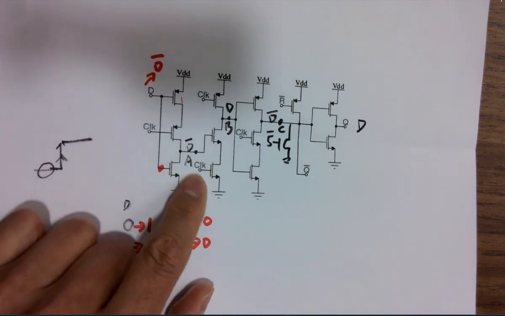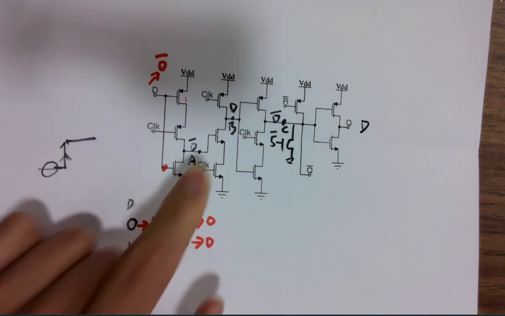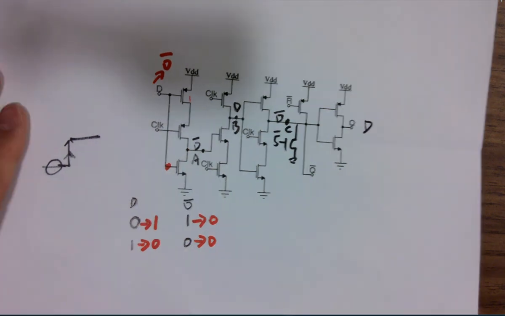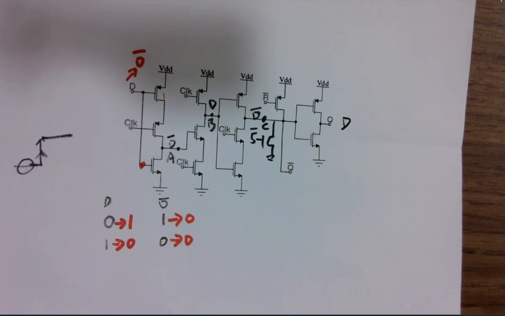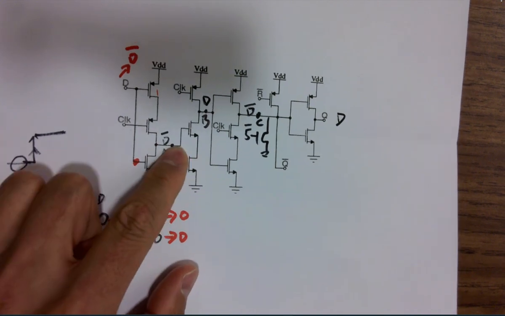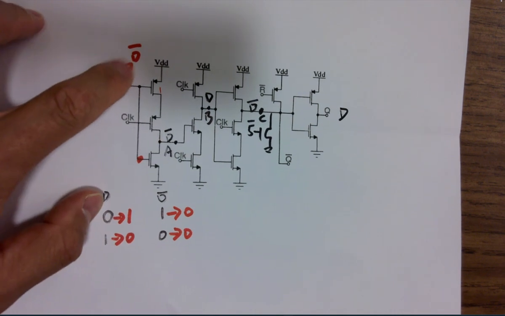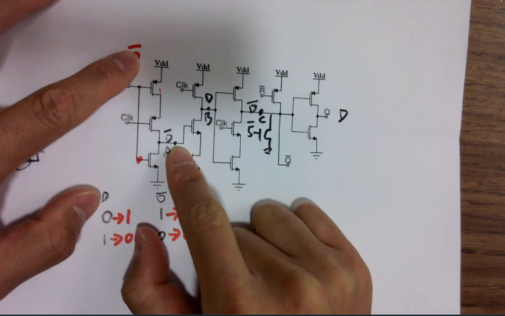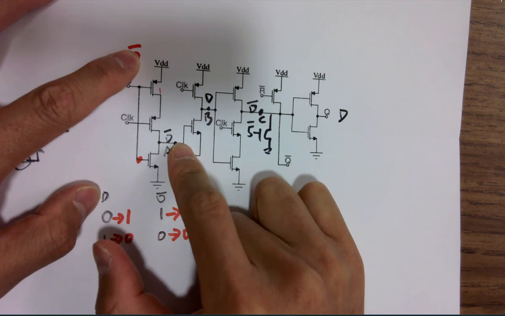So if you had a 1, it will be discharged to 0. If you had a 0, it will remain at 0. So the conclusion is this guy will be 0 whenever this changes. No matter what, if this was a 1, it will be discharged to 0. If this was 0, it will remain at 0.